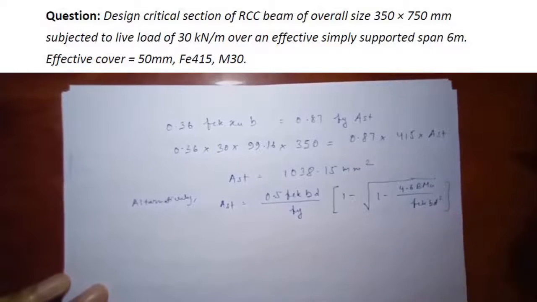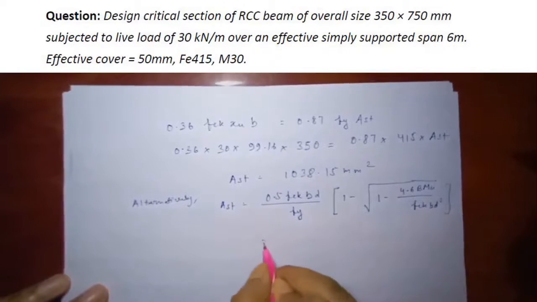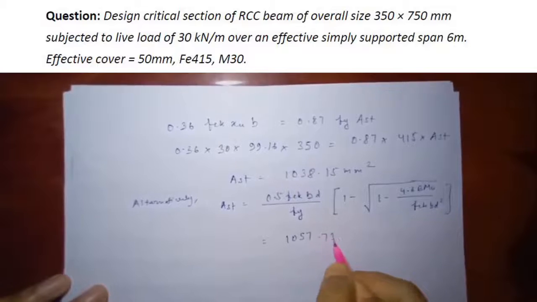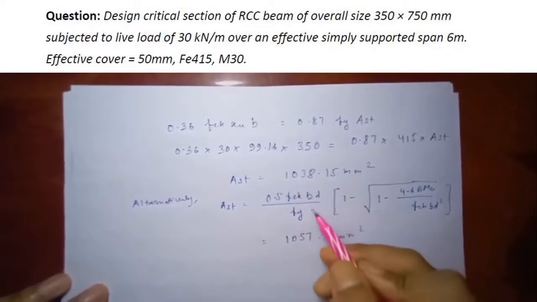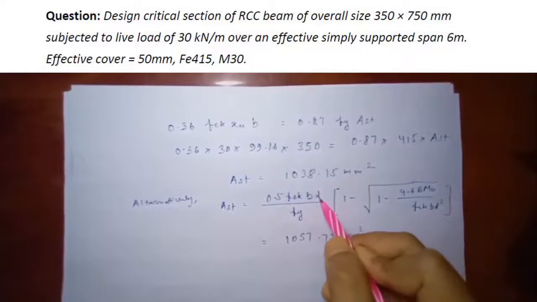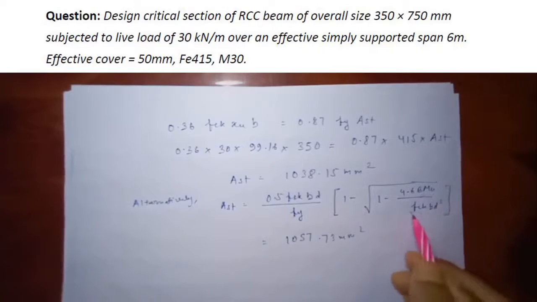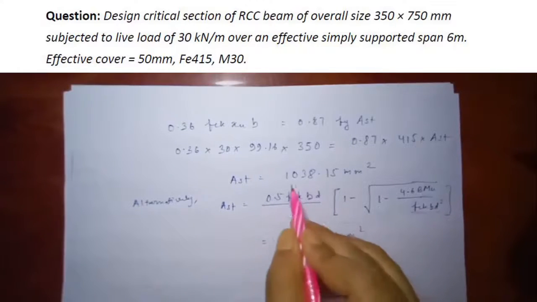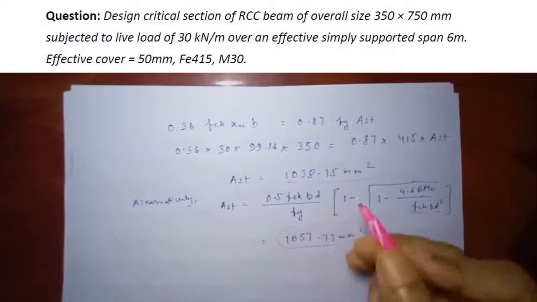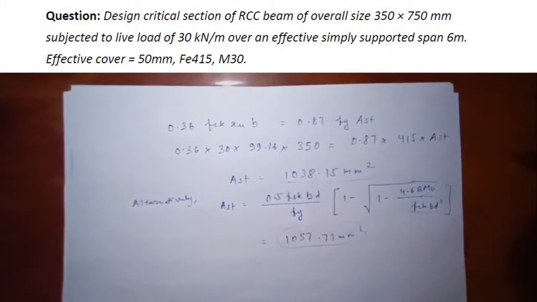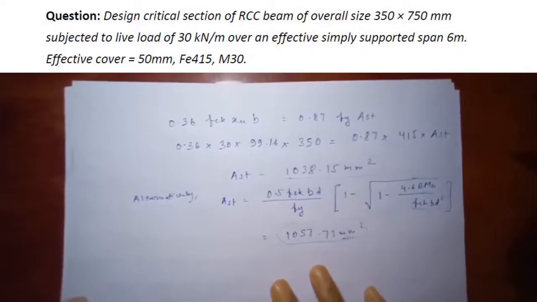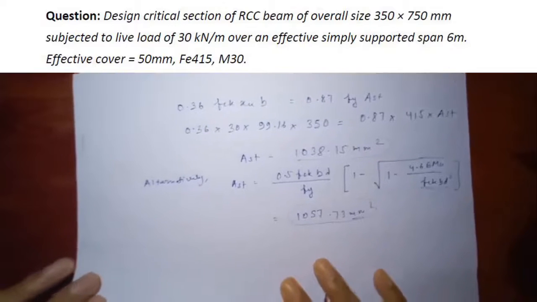And also by this you will get a value which is equal to 157.73 mm square. FCK you can put as 30, B is 350, D is 700, Fy is 415, and again BMU you can write 246.78 multiplied by 10 to the power 6, and FCK BD square you know. By this you can solve it, and these two values are quite close. You cannot say that there is much difference between these if the unit is mm square. So I'll use any one of these.